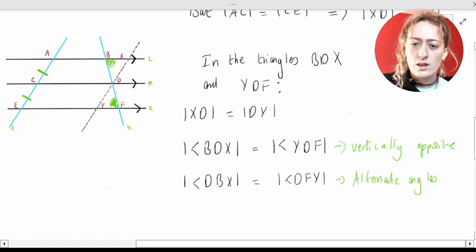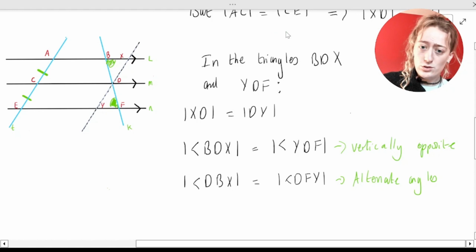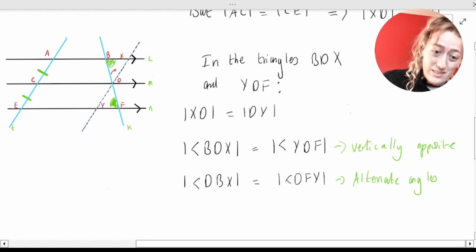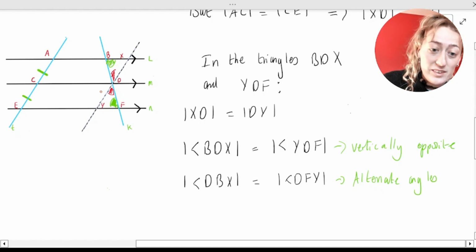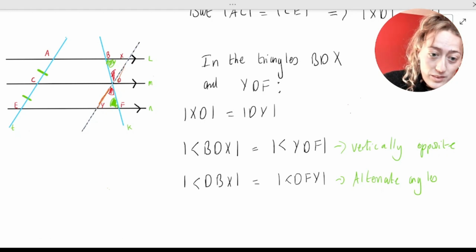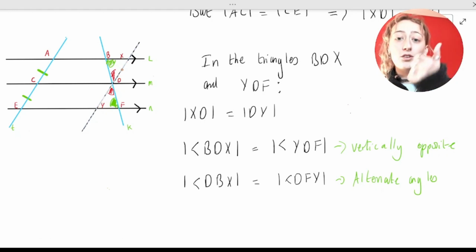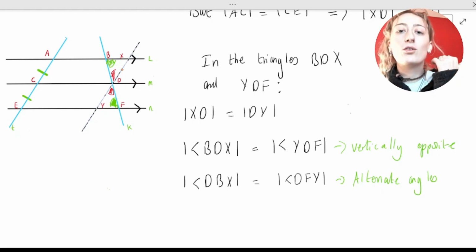So what do we have here? We have these two triangles have this angle equal to each other. They also have this angle equal to each other. And not only that, they have a common side. They also have a side that's equal to each other. What happens, guys, if you've got two angles equal to each other and a side equal to each other in two triangles? That means that they're congruent triangles.